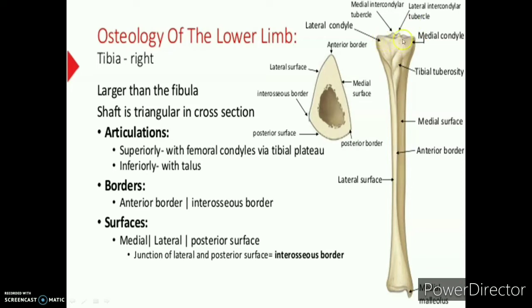It articulates with the distal femur, and near that you can find the intercondylar area. The surface bone is the intercondylar eminence. It has two ends, the lateral intercondylar tubercle and the medial intercondylar tubercle.